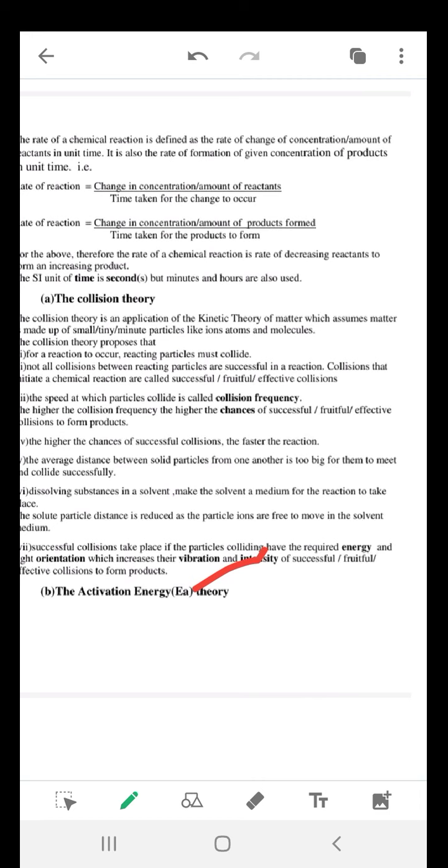These particles are moving, or rather vibrating. In a solid, the particles vibrate in fixed positions, so they don't move from one point to another.